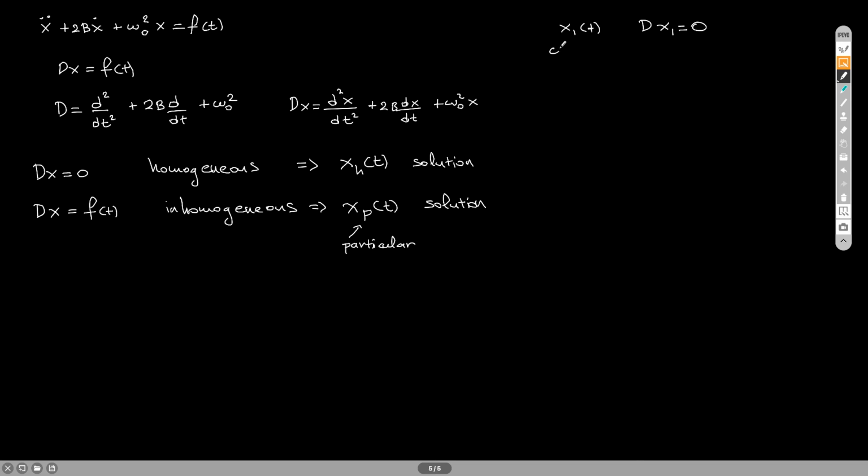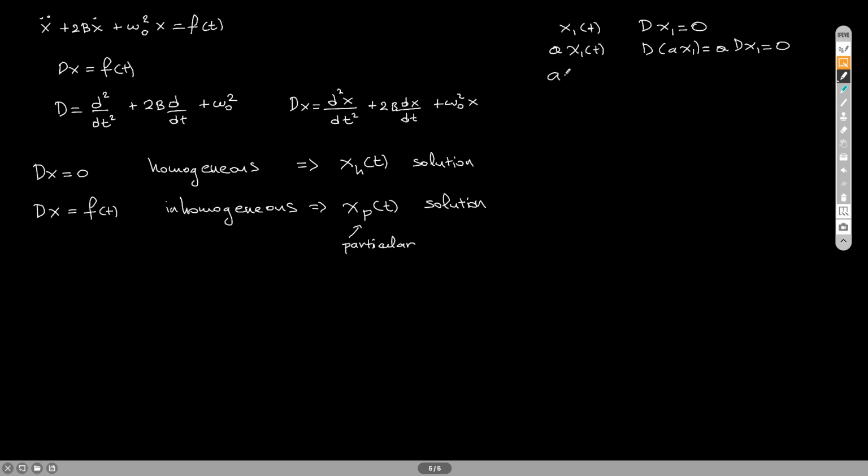Now, if I have A times x1, I'm going to take the operator D and apply it to A times x1. I will be able to take the constant A out of the operator, and then I will have A times Dx1, and this will give me 0 because Dx1 is 0.